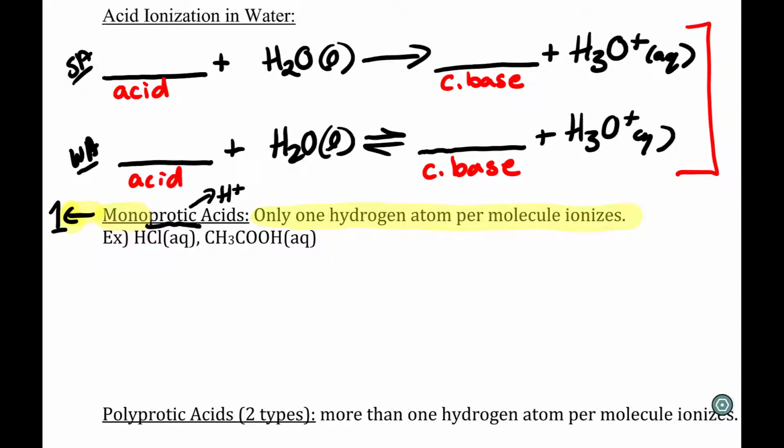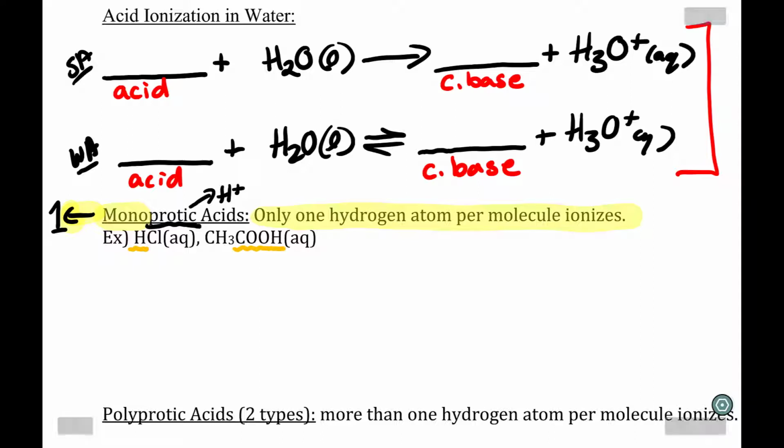So generally what you're looking for is something that has a single hydrogen to start, like HCl, HBr, HI, HF, HNO3, HClO, something like that, where you only have one hydrogen to start and it's aqueous, and of course it can ionize. Or you're looking for, if it's an organic acid, a carboxylic acid, one COOH group.